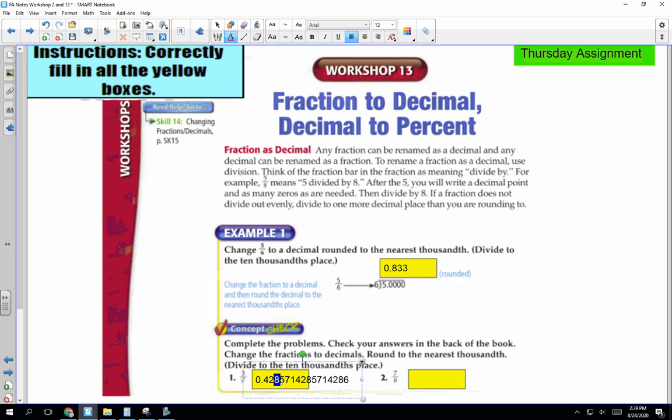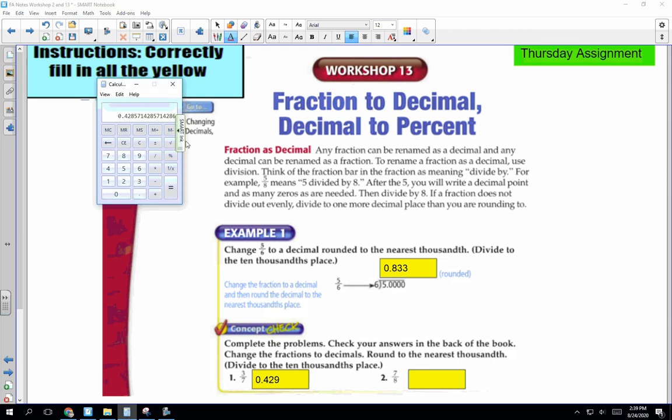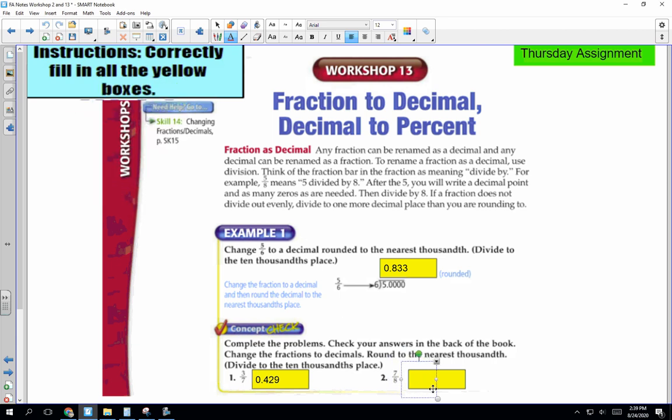The number to the right of it is 5 or more, so this 8 will become a 9, and everything else goes away. Boom. 7 divided by 8 is 0.0875. That one terminates in the thousandths place, so it gets to stay.